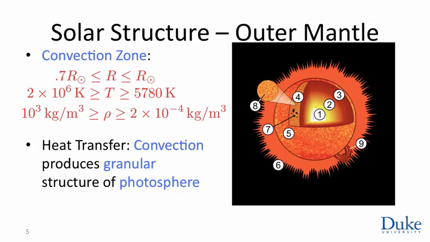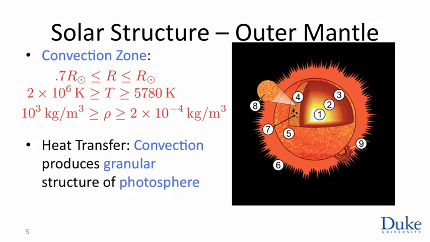And here temperatures decrease very rapidly from 2 million degrees in the interior down to the surface temperature of the sun that we measure, 5,777 Kelvin. Densities decrease from about the density of water to a fifth of that density. Still pretty dense for hydrogen gas. It's still compressed by gravity. And the mode of heat transfer in this region is convection.